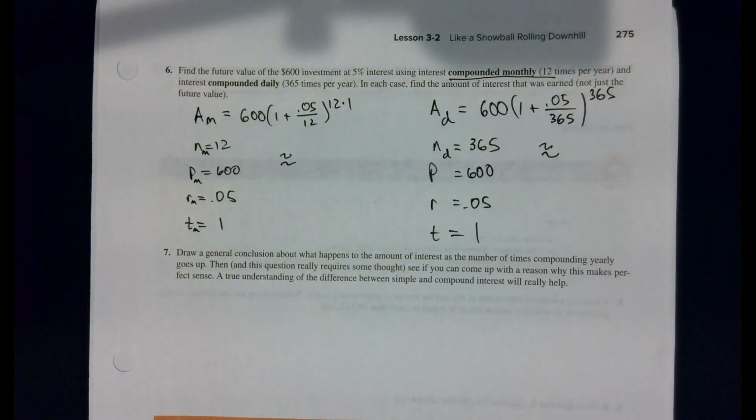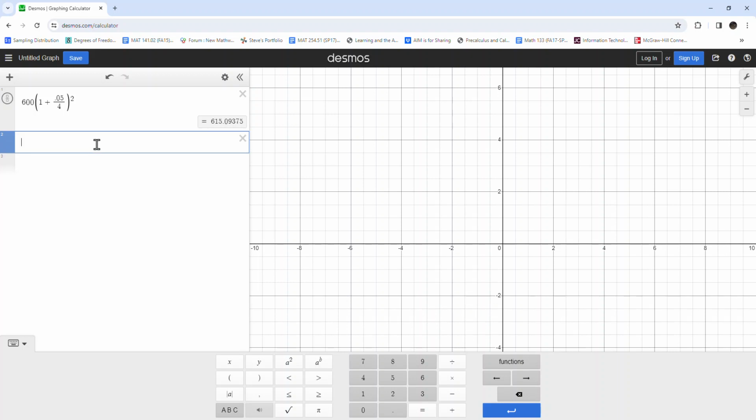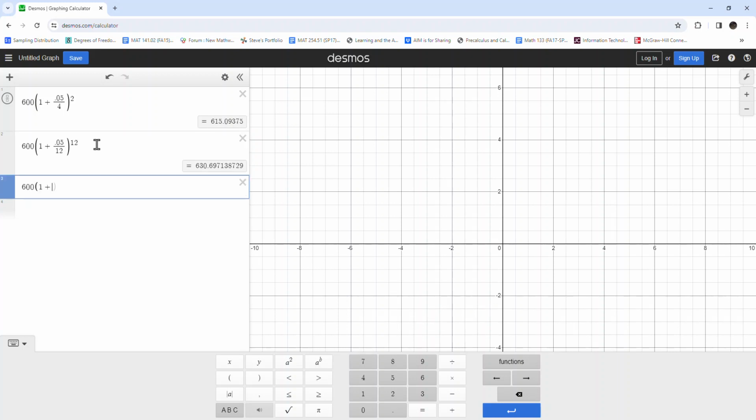The goal, of course, is to determine how big of an effect the extra compounds have. Like if we're depositing amounts of money more often into our account and then earning interest on that interest, does it have a huge effect on the growth of the account balance? And you can see it doesn't.